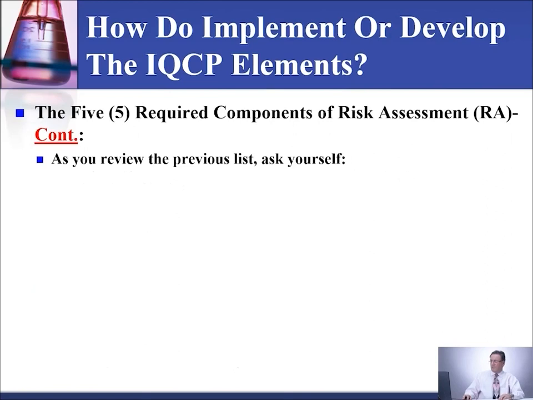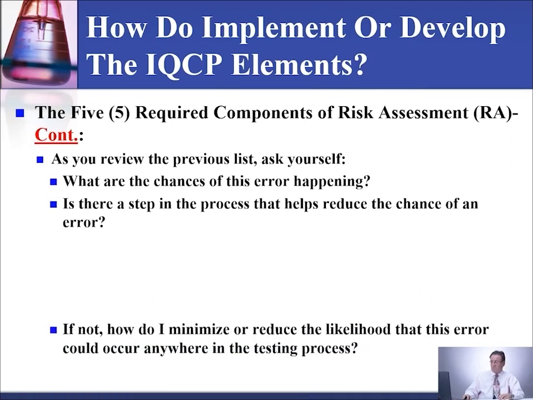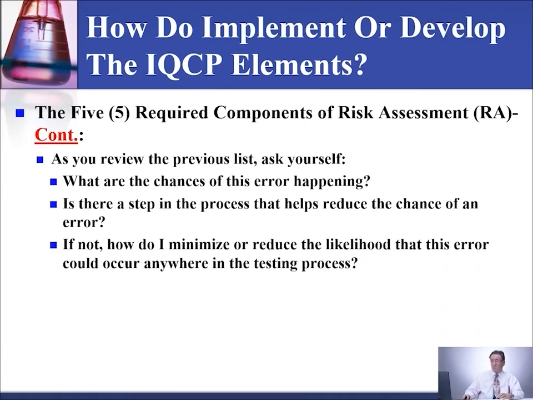Next, as you review the previous list, you need to ask yourself, what are the chances of this error happening? Is there a step in the process that helps reduce the chance of an error? And this is basically what the lean concept is all about. You need to reduce or remove the unnecessary steps or the things that cause you issues or delays.